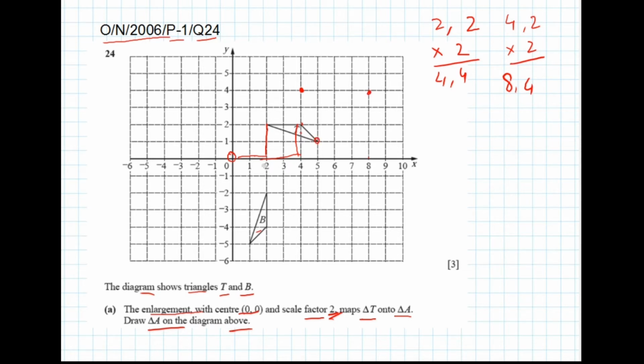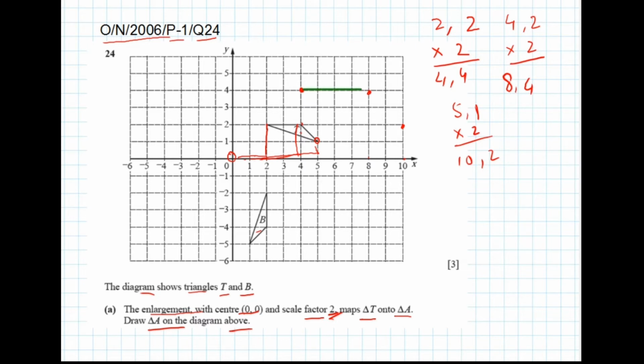The third set of object distance from the center is (5, 1). When we multiply by the scale factor 2, we get the image distance (10, 2). Mark the point on the grid as shown.